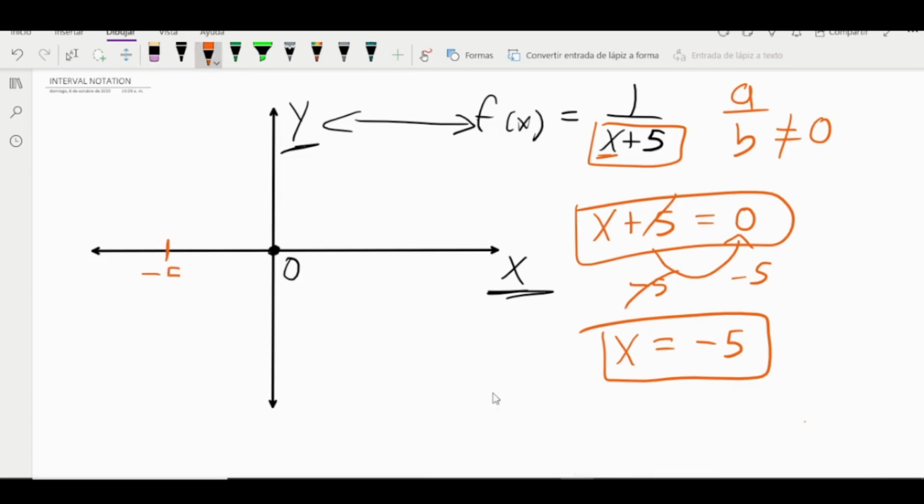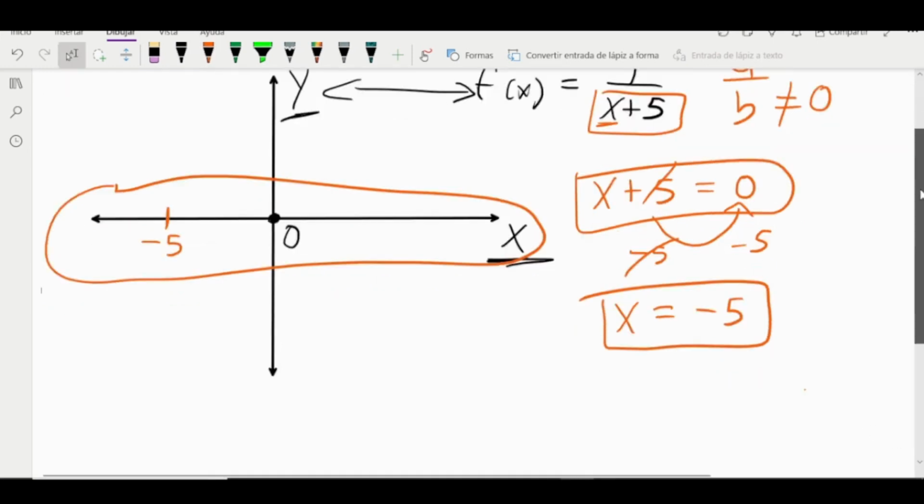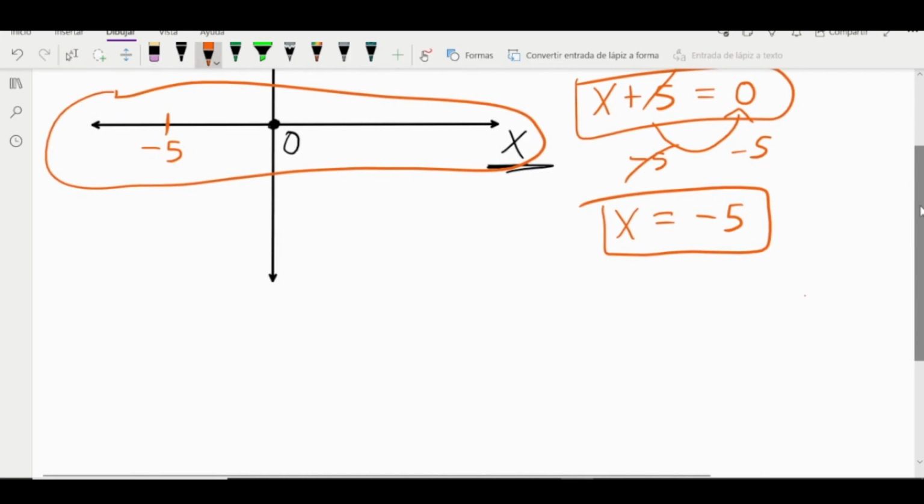Let's say that the minus 5 is here, and let's focus here, for example, only on the x axis. On the axis of x, imagine that we can take all the values from the left. We are going to move from left to right until this point, and here I'm going to represent this point with a hole, okay. We put the hole here and we can continue.